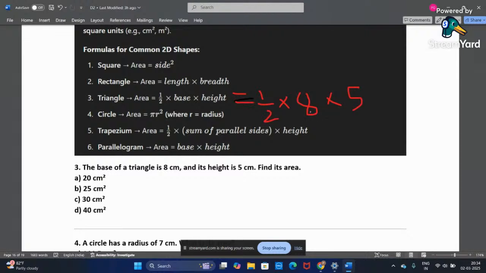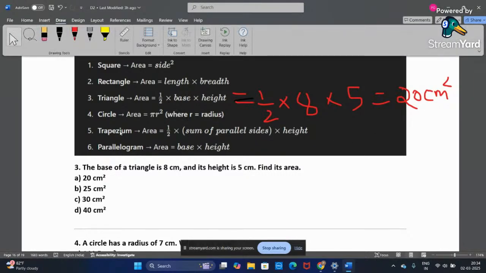So after calculating, we are getting 8 5s are 40. 40 divided by 2 is 20. 20 centimeter square, because you are multiplying in centimeter. Here there is a centimeter and here it is also centimeter. So centimeter into centimeter, we get centimeter square. Okay, we'll move on to the next one.